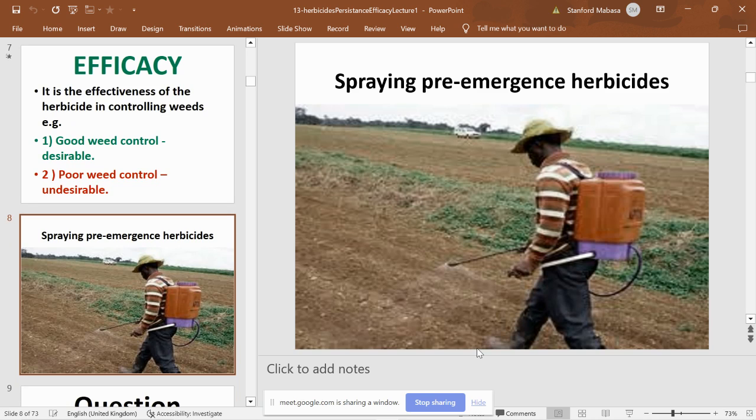So spraying is done directly to the soil for pre-emergence herbicides, and you can see that the herbicide is going to react with the soil.